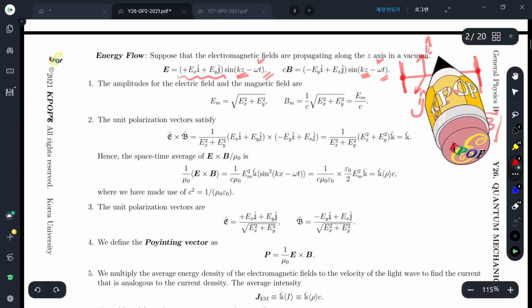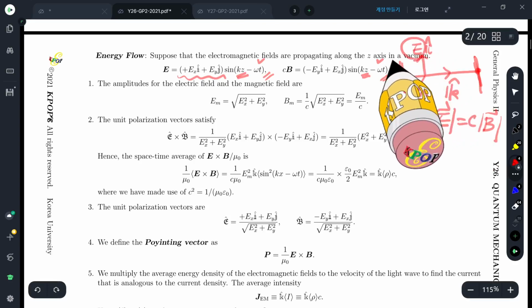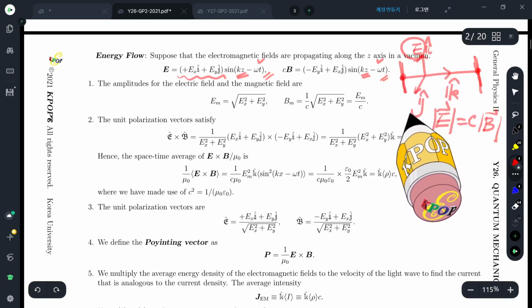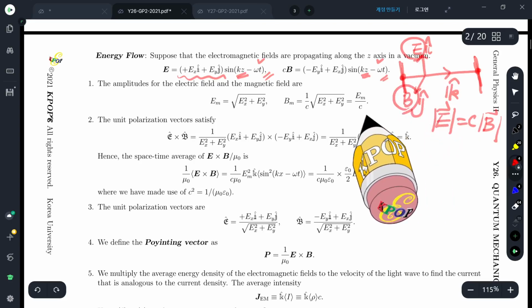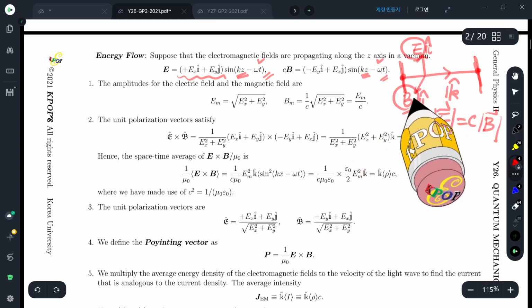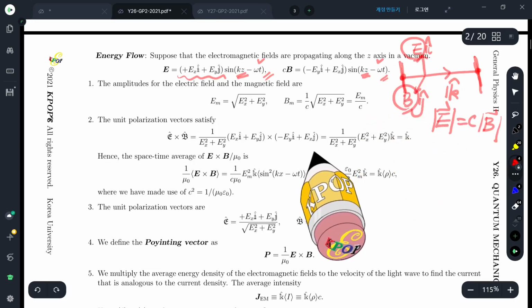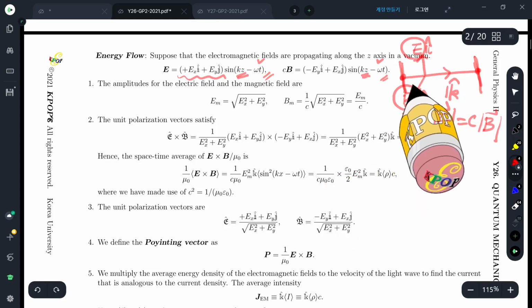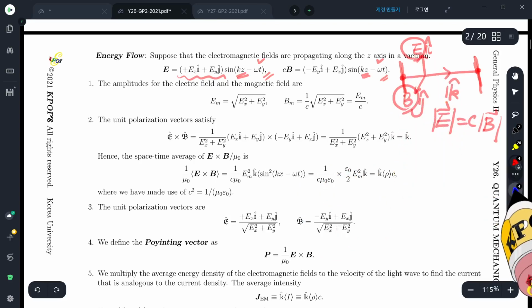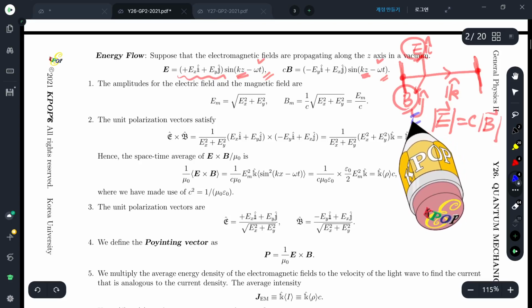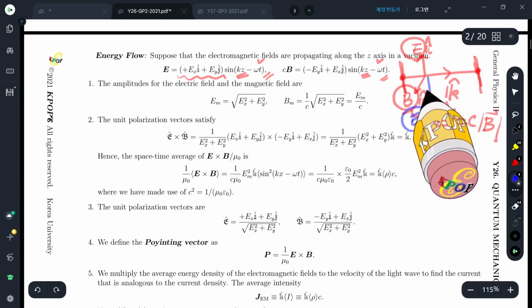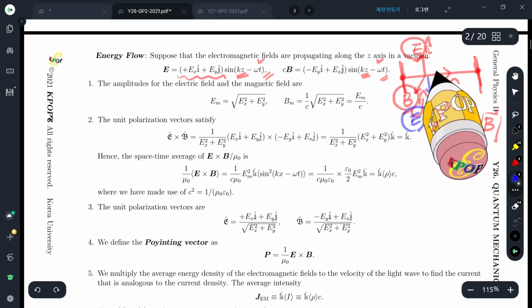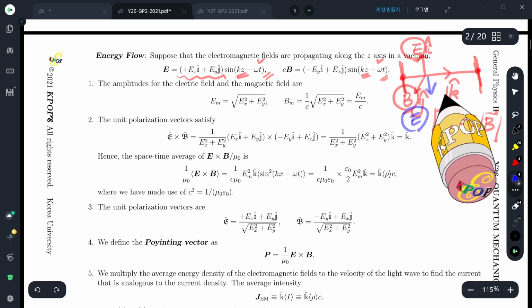So i, j, k. If the electric field is along this i direction, then the magnetic field will be along the y-axis. And if the electric field is along the y-axis, then the magnetic field will be along the minus x-axis.